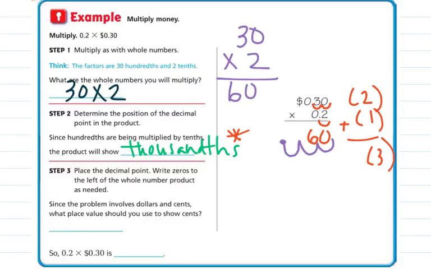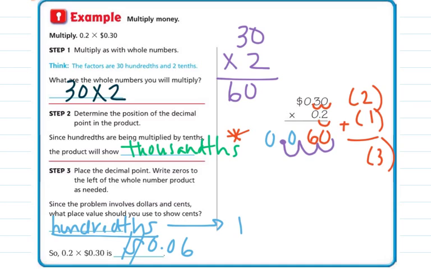Now we see that our one little swoop needs a number. A 0 is what we need to add there. So boys and girls, we know that our answer is 6 cents. So it says, since the problem solves dollars and cents, what place value should you use to show cents? And we know that's hundreds, and we also know that hundreds translates to pennies, boys and girls.